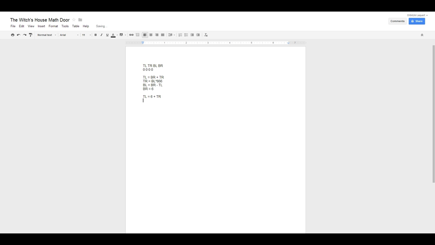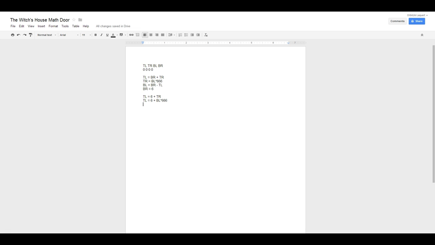And now I substitute what we know about the top right number into this line here. So we know that the top right number is equal to the bottom left number times 666. And I'm going to keep doing substitutions like this until we only have 1 variable left in the line, because once we do that we have a solution.